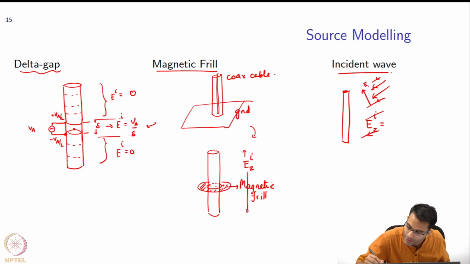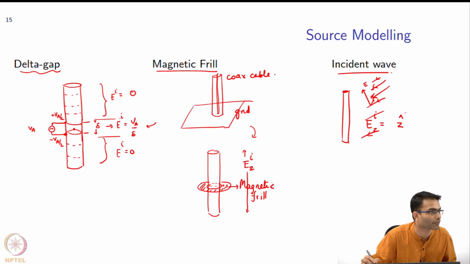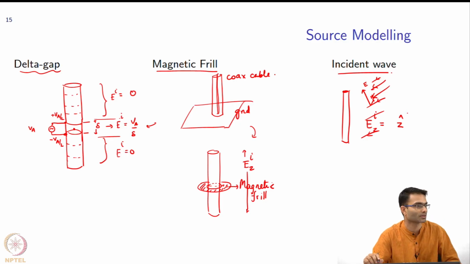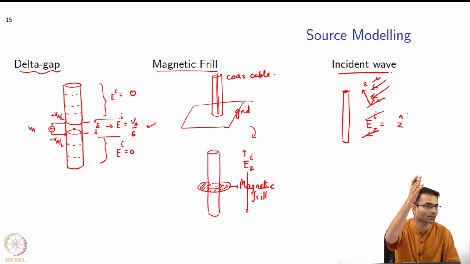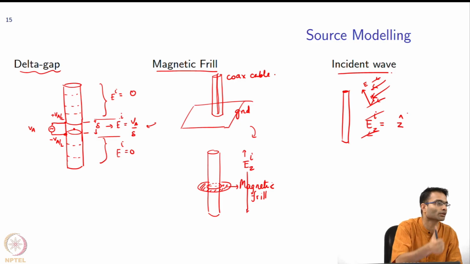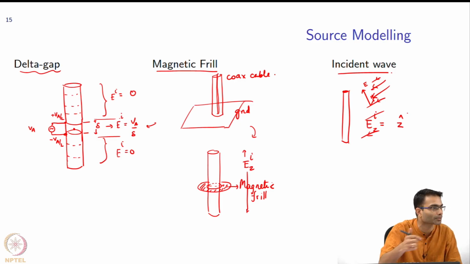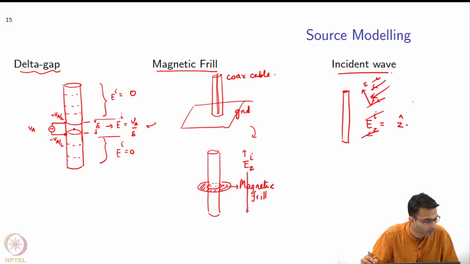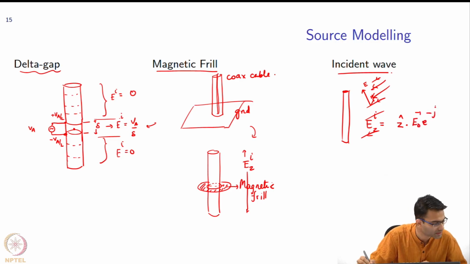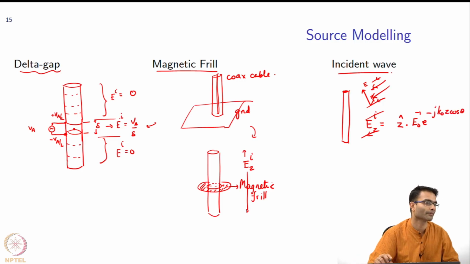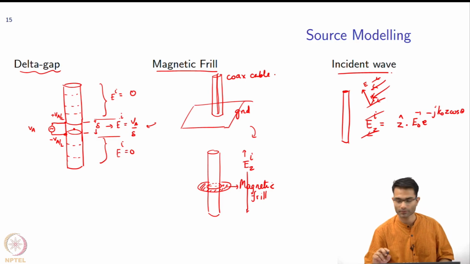In general, E will be like this and H will be into the board. So, this is going to be the Z component of it, because remember we are enforcing this along the Z axis only. So, this became Z dot this E naught e to the minus j k naught Z cos theta. That is your plane wave without the omega t term.